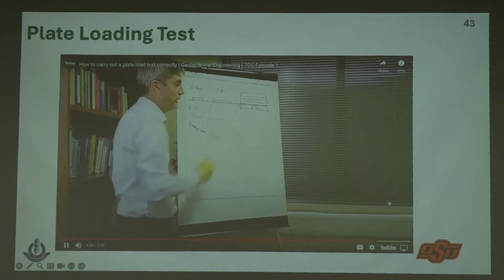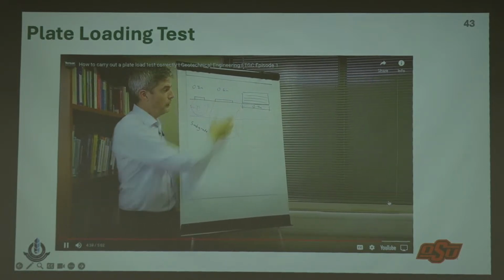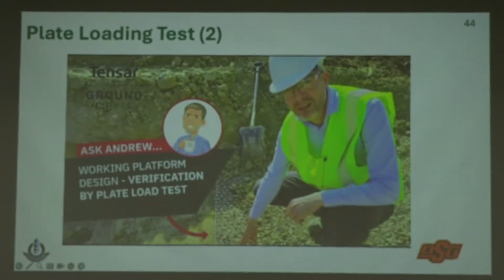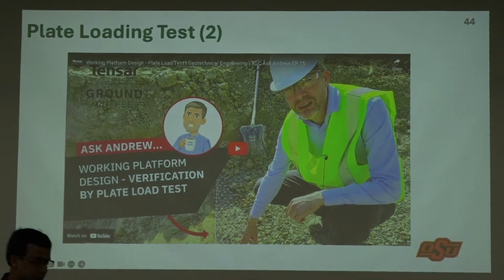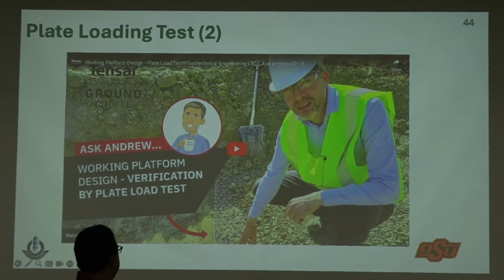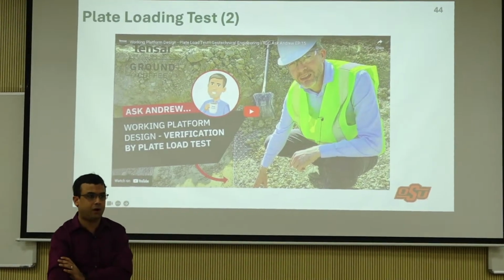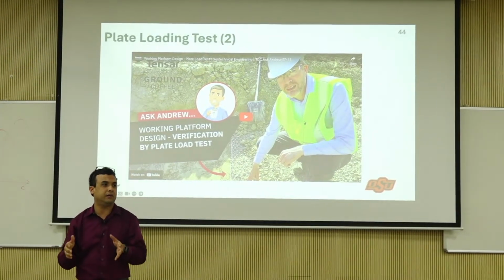But for verifying the design and the safety of the working platform, clearly you need to have a plate size as close as possible. I think we can skip the remainder of that, but that was the bottom line I wanted to make, is that you should be using a plate load test of the right diameter so that you know what you're trying to study, right?